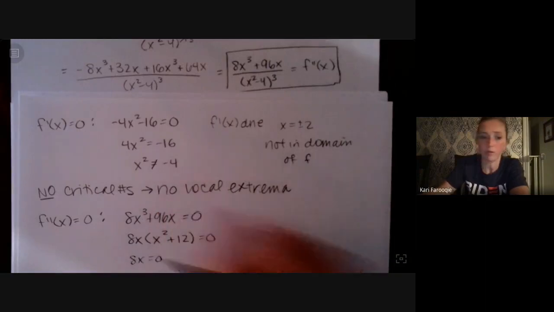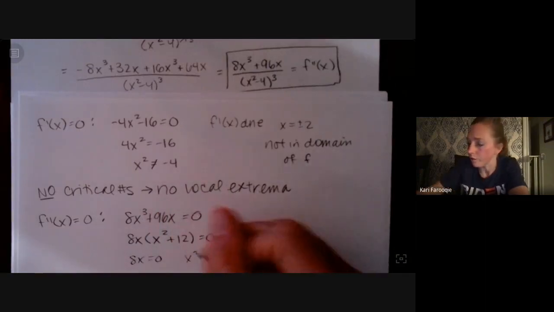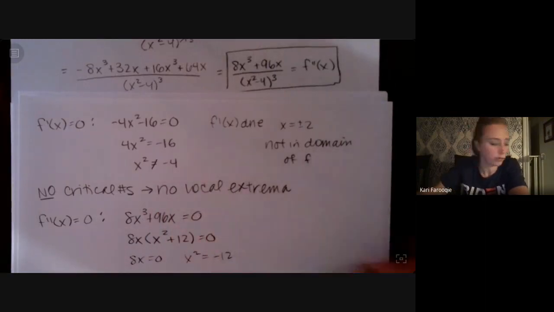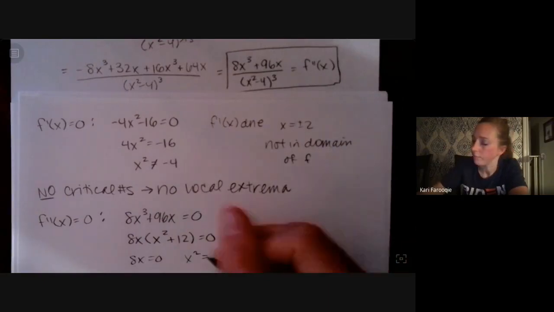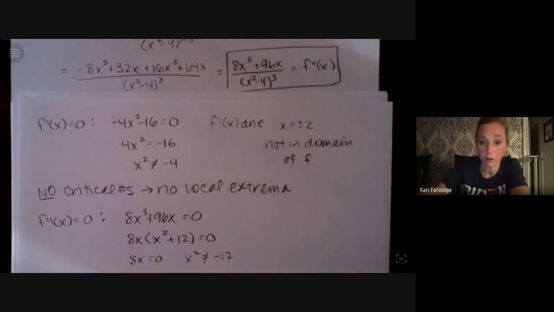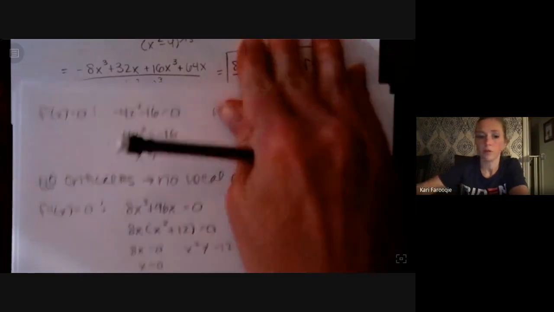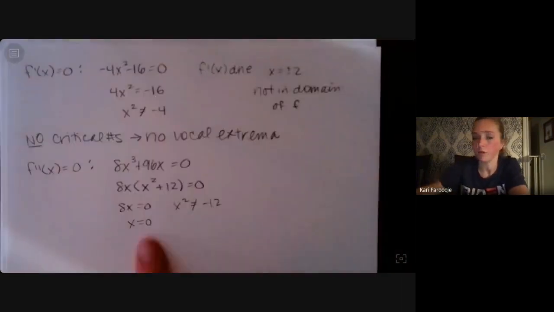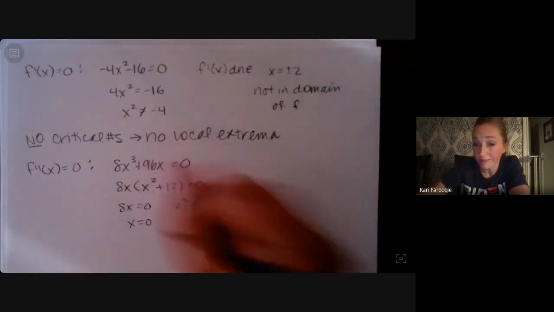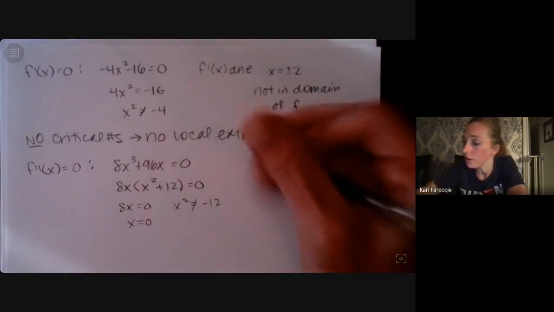That means 8x equals 0, or x squared equals negative 12. x squared cannot equal negative 12. But it's possible that your numerator can equal 0 if x equals 0. So this is the only point of inflection you're going to get.